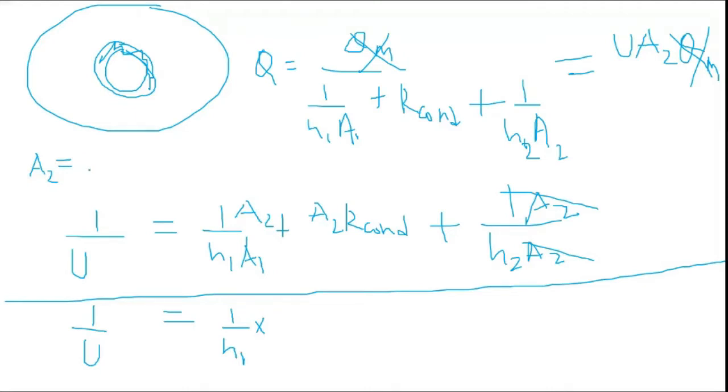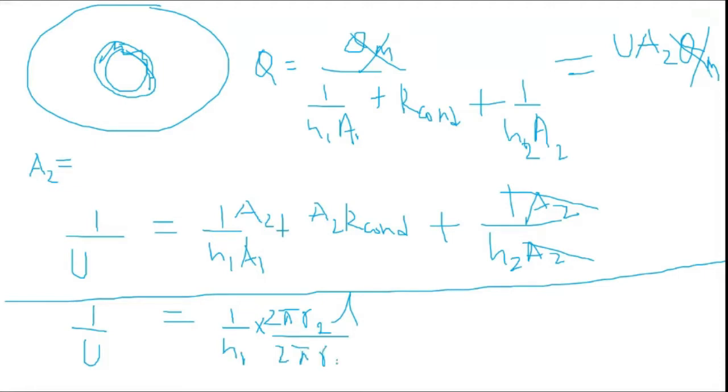What is the area which is available for heat transfer? Pi d L only, sir. Pi dL, or we can also write that as 2 pi rL. Anything is fine. So I can write this as 2 pi r2 L, and this A1 value will be equal to 2 pi r1 L.